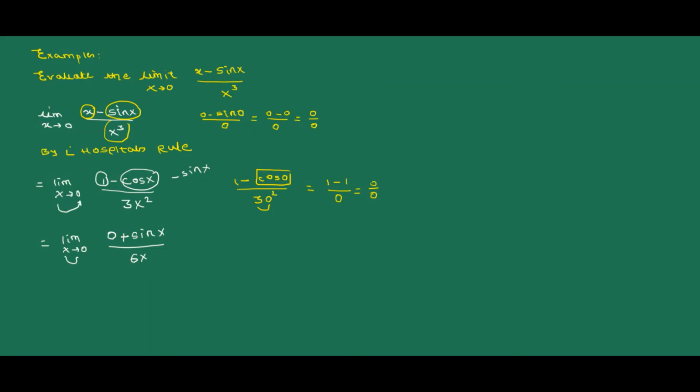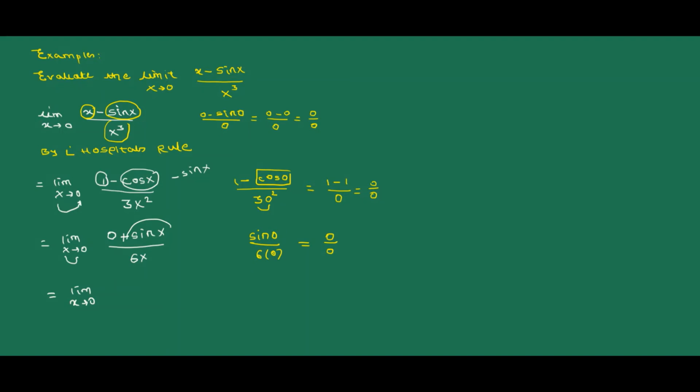Now put x is equal to 0. You will get sin 0 divided by 6 into 0. Sin 0 is 0, 6 into 0 is 0. Again you get 0 by 0 form. So we have to use L'Hospital's rule again. Limit x tends to 0.